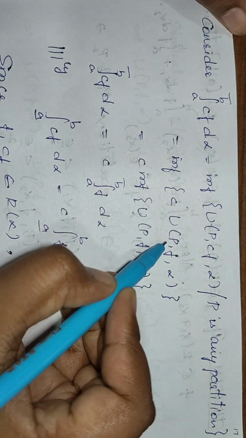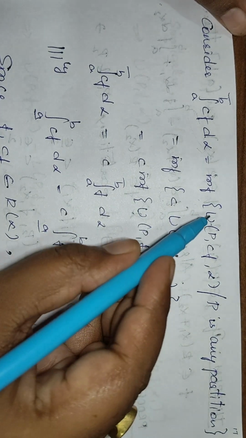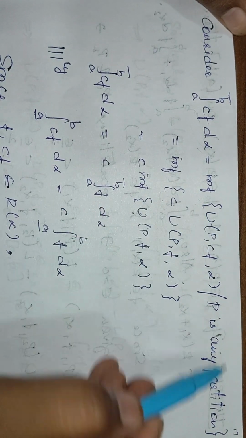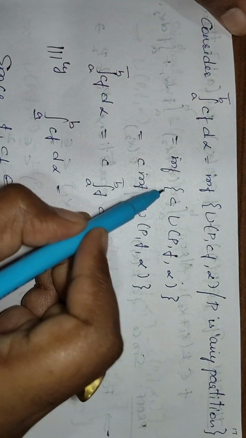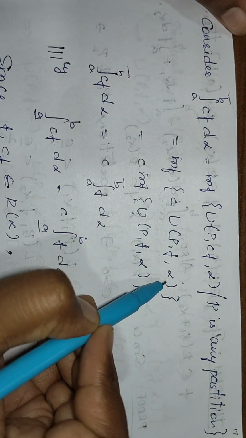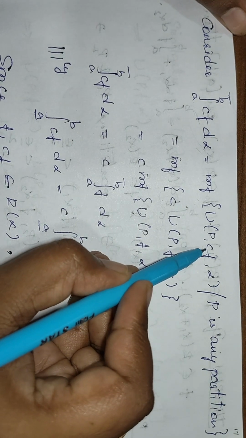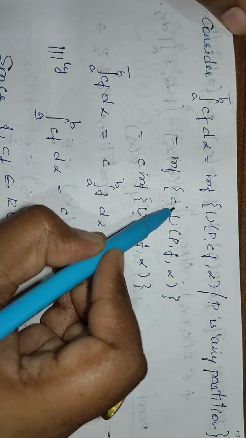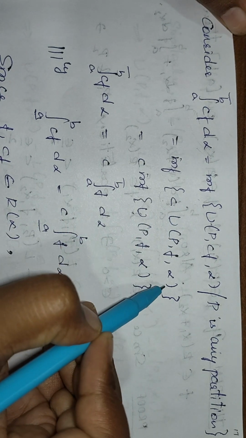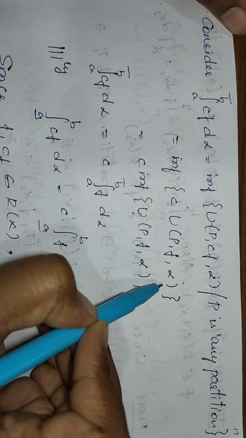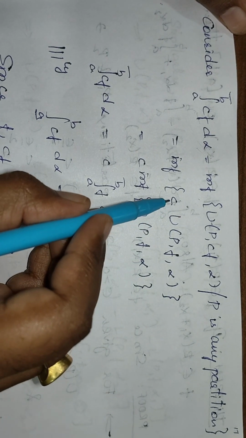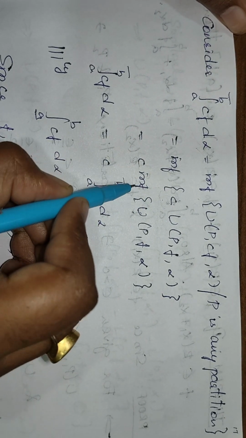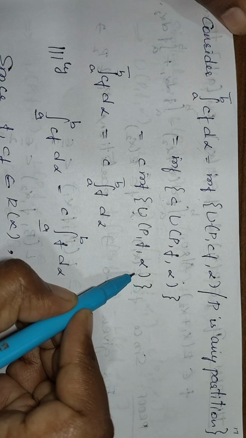So infimum of this is infimum of c into U(P, f, alpha). See, the c is constant. I have taken that outside, and since c is positive, I have U(P, f, alpha) as it is. Okay, and if I take the c outside this, I have c into infimum of U(P, f, alpha).